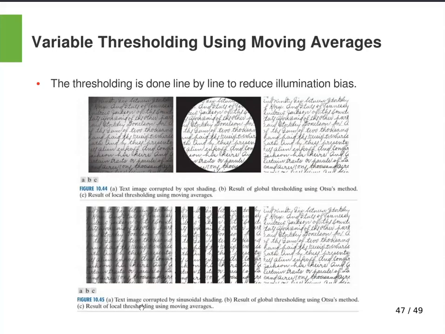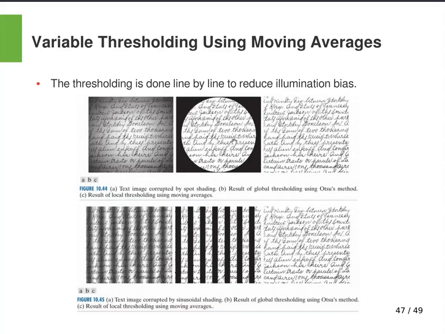There are some other cases where you can use variable or local thresholding. Some common cases are reconstructing or thresholding text images that are captured by scanners. On the top left you see a text image that is corrupted by spot shading. Basically at the center you have a brighter appearance, while on the corners you have a darker appearance. If you apply global thresholding directly, this is the segmentation that you get.